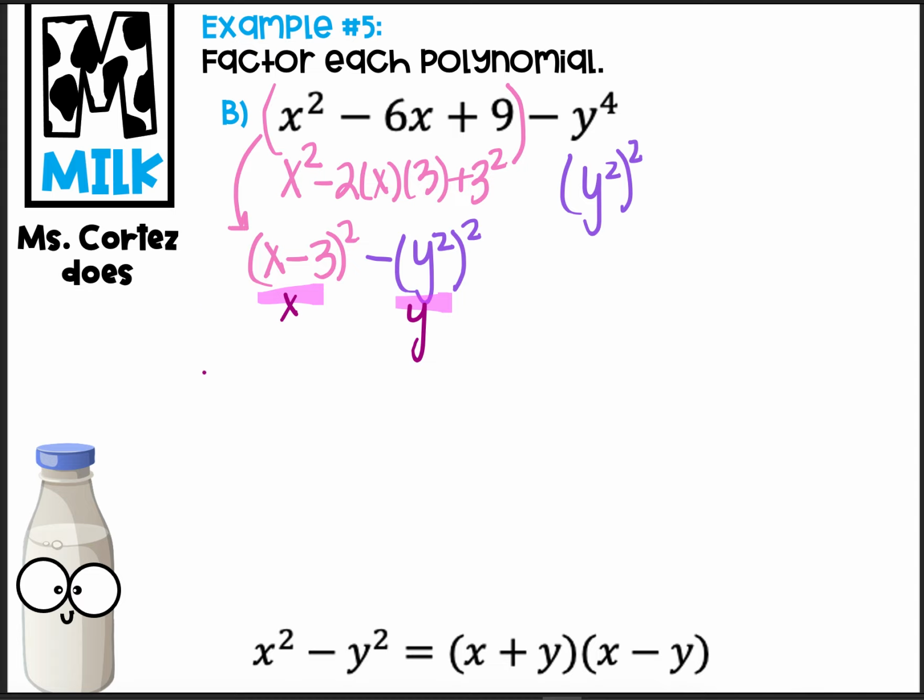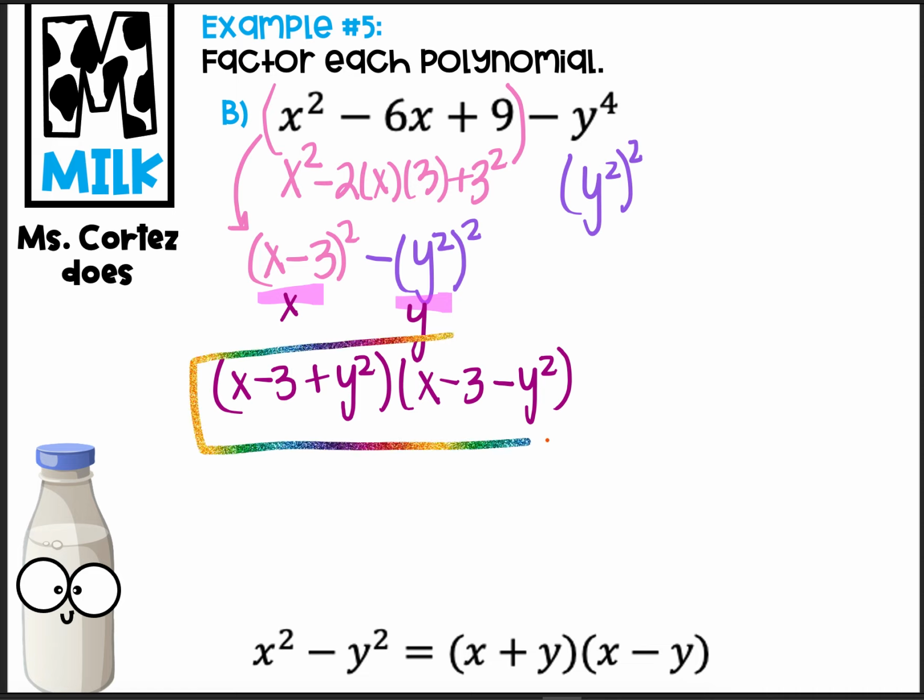All I have to do is just rewrite it using this x plus y times x minus y. x minus 3 plus y squared times x minus 3 minus y squared. There's nothing else I can combine.